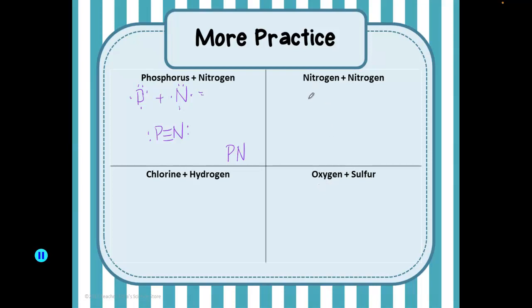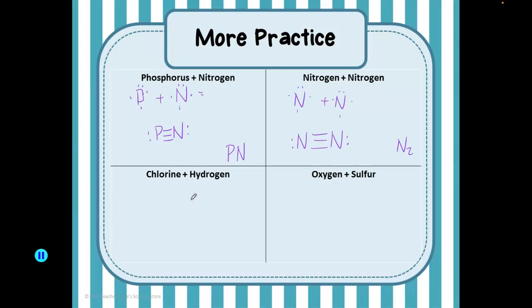Okay, so nitrogen and nitrogen, we just did nitrogen over here. It has 5. So again, this is a triple bond. And this would be N2. All right.